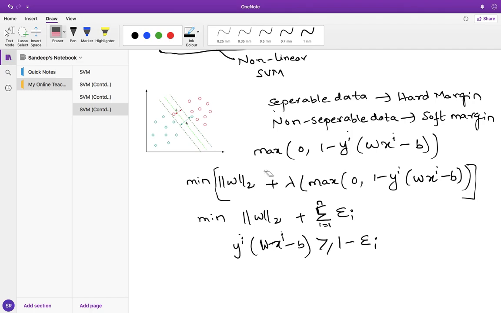We were using the norm, although the optimization problem does not change whether you use the square of the norm or the norm. And one more change: we not only minimize and restrict the values of epsilon i, we also normalize it, since we are using n data points. So this is the equation. Let us now summarize both the hard margin and soft margin in a new page, and move forward to the implementation of SVM.